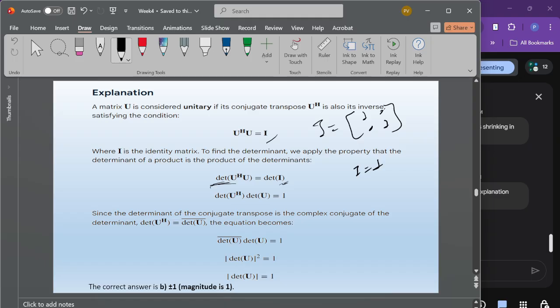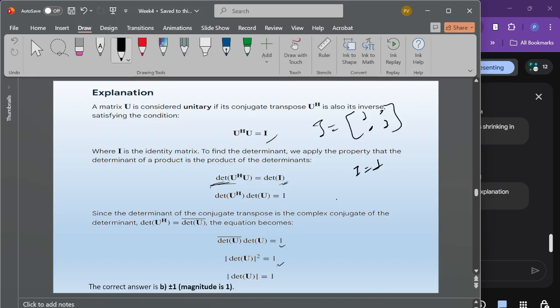Since the determinant of the conjugate transpose is the complex conjugate of the determinant, the equation becomes determinant of U conjugate times determinant of U is equal to 1, and that we can write as mod of determinant U square is equal to 1.